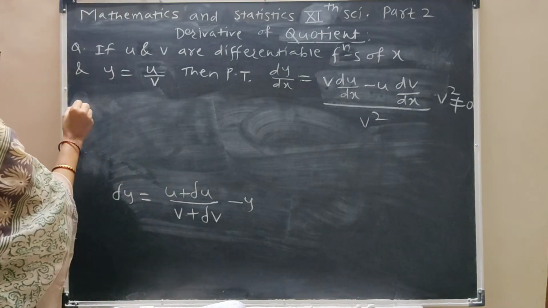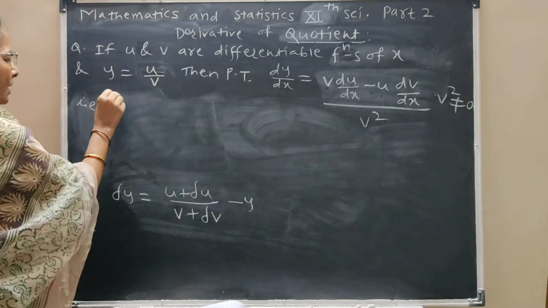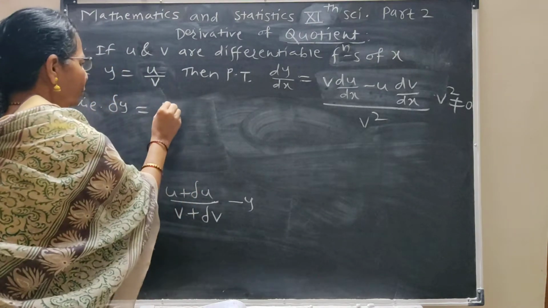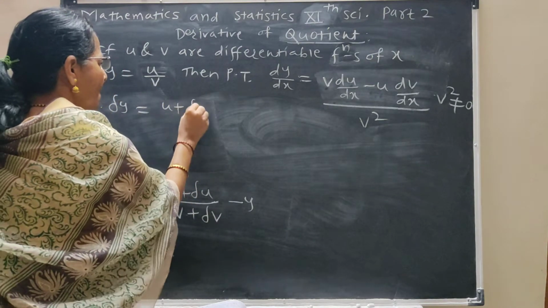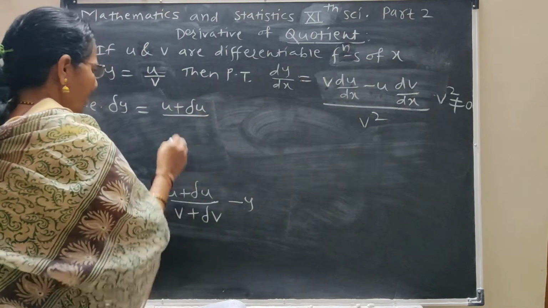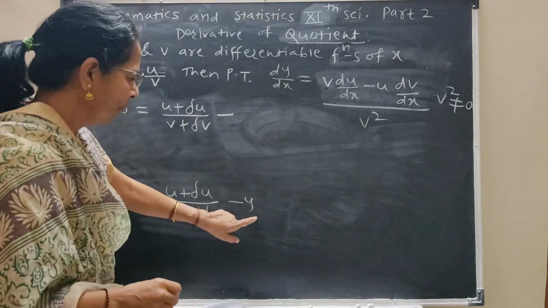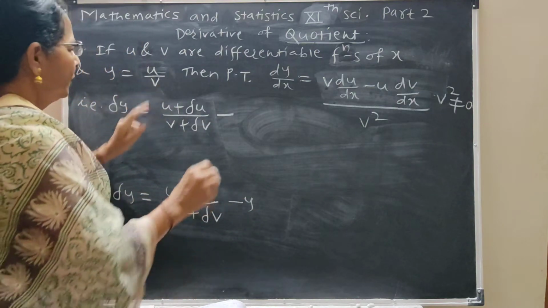That is, delta y is equal to u plus delta u upon v plus delta v minus, put value of y as u upon v.